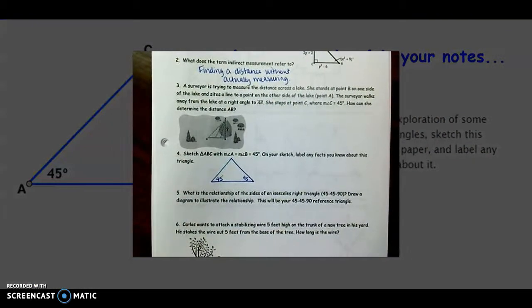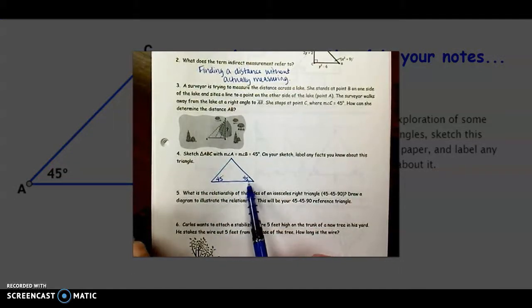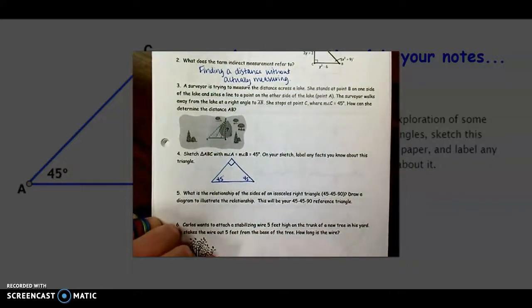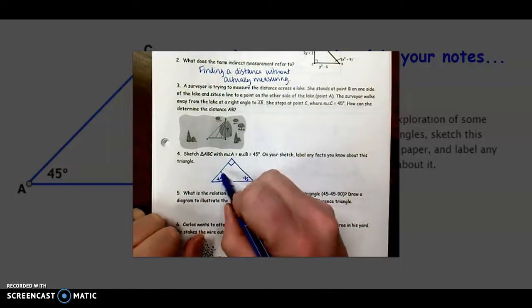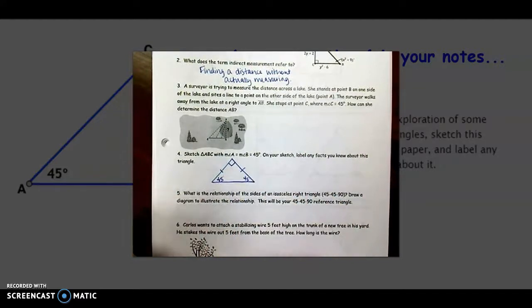Okay, so some things that I hope you recognized is that we know the three angles have to add to be 180, so these two add to 90 degrees, which leaves 90 degrees for the missing third angle. So not only is this isosceles, this is an isosceles right triangle. We know, like we said, that the legs are congruent because the base angles are congruent.